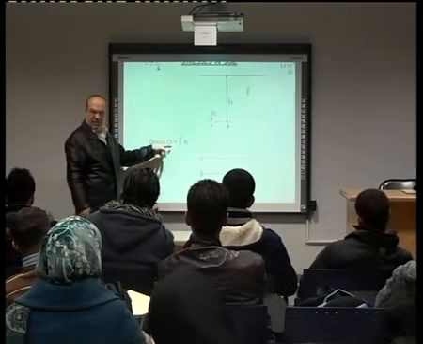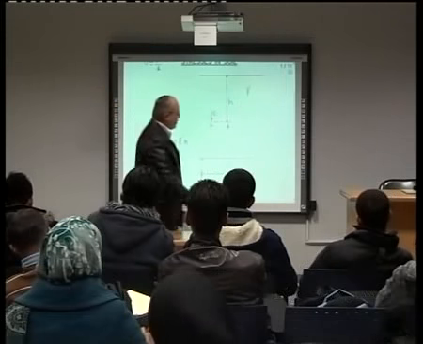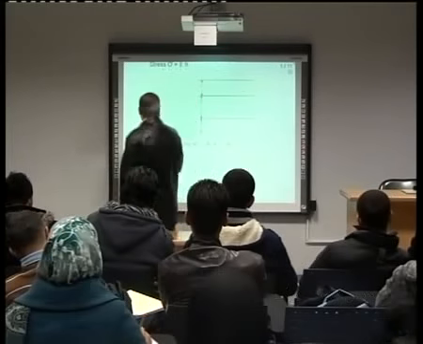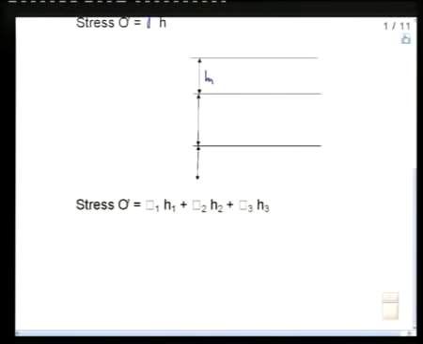sigma. Right? If we have different soil layers, for example, like in this case, I have H1 gamma 1, H2 gamma 2, Z gamma 3, then at point A, sigma equals gamma 1 multiplied by H1, gamma 2 multiplied by H2, gamma 3 multiplied by H3 or Z, whatever.